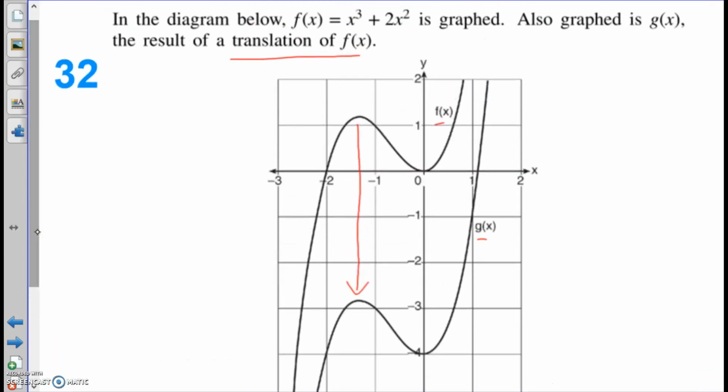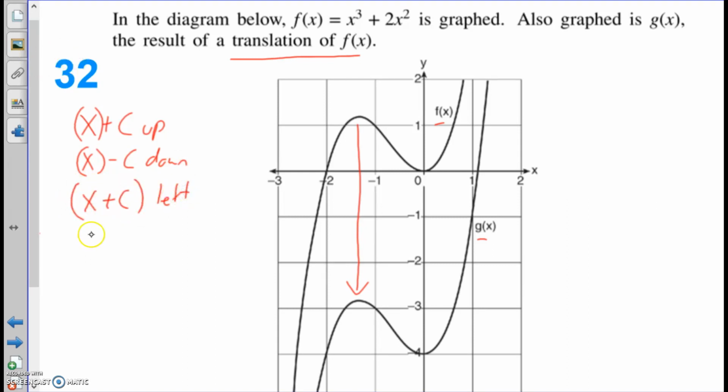Well, remember the rules for transformations real quick. Let me go through all of them. A plus on the outside is up. A minus on the outside is down. A plus on the inside is left, which some people think is the opposite.